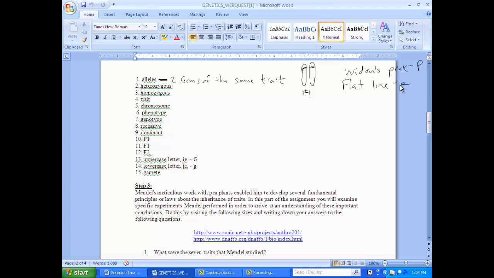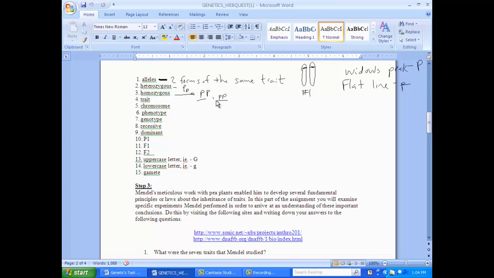Heterozygous. What does heterozygous mean? Different. Good. So it's going to be two different alleles, which will be shown in this case as big P, little p. Homozygous. Two of the same alleles. That could be shown as big P, or little p. Those are homozygous. Homozygous dominant, homozygous recessive.